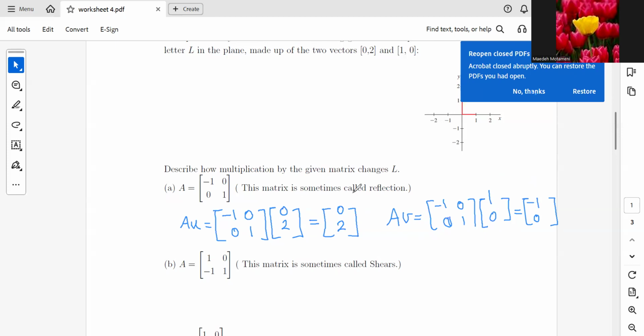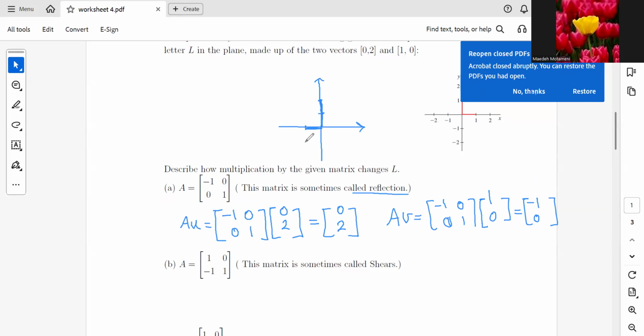And this is called reflection. So as you see here, the red one is letter L that is given to us. Let's see what are the new ones. For the first vector, nothing changes. So this will be the first one as we have here. And for the second one, that would be negative 1 and 0.